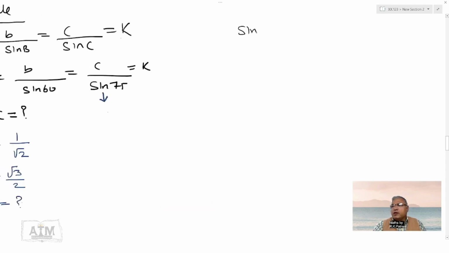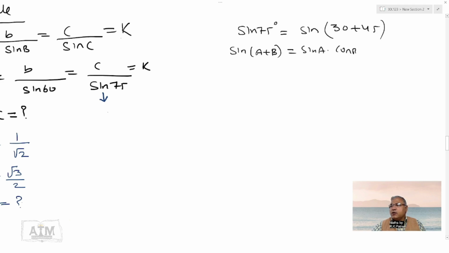To find sin 75, 75 can be written in terms of two standard angles, that is 30 plus 45. After that, applying the formula sin(A plus B) equals sin A cos B plus cos A sin B. By using this formula, we can easily find the value of sin 75.